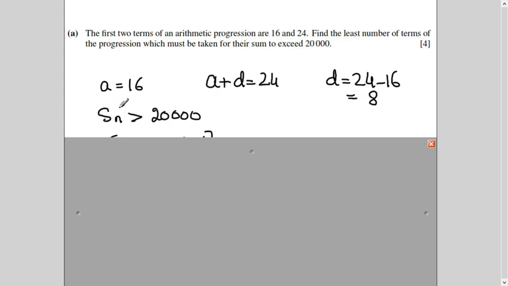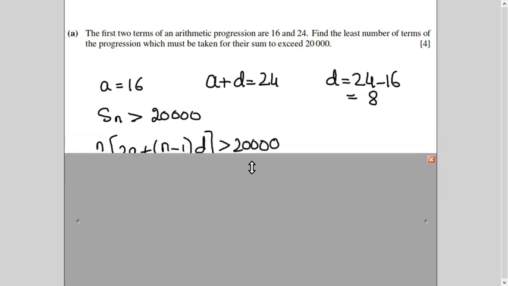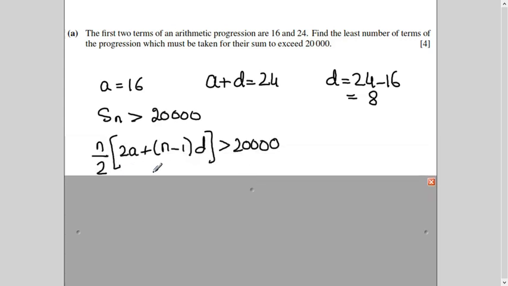That's why we are saying sum of n terms. This n represents the number of terms, and we don't know how many terms will give us a sum of more than 20,000. So here we will just write down the formula which I have just shown you, Sn greater than 20,000, and then plug in the values of a and d, and n we don't know, that we have to find out.